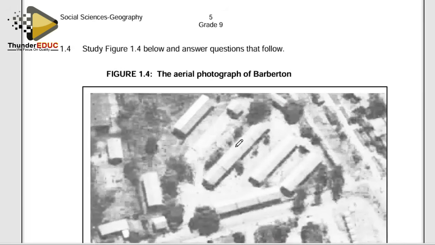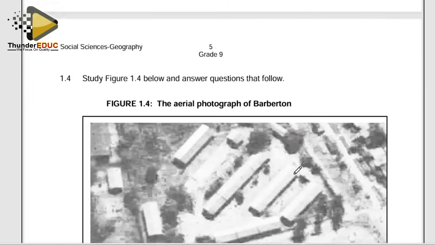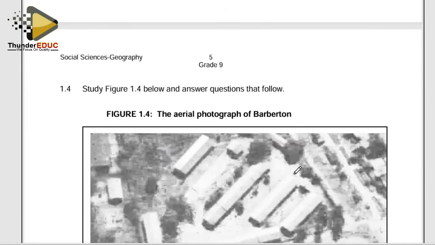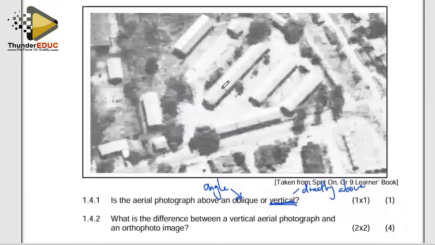If we check the nature of these buildings, can we say these buildings qualify to be industrial? Because our question is saying, the land use zone represented on this aerial photograph is an industrial zone, true or false? Automatically, if you check these buildings, these are very big buildings.